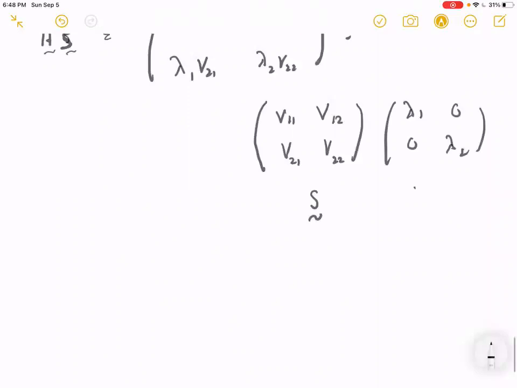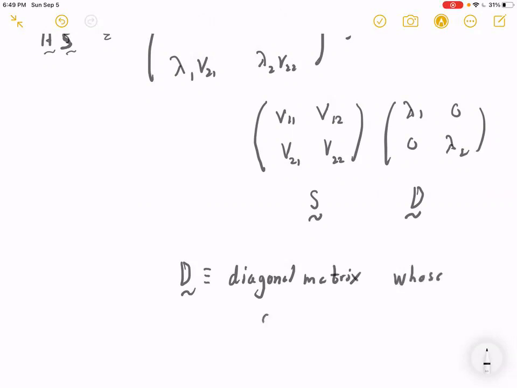And here's a new matrix, D. And this matrix D is curious because it's a diagonal matrix. And furthermore, its diagonal elements are just the eigenvalues of the problem, lambda sub 1 and lambda sub 2.